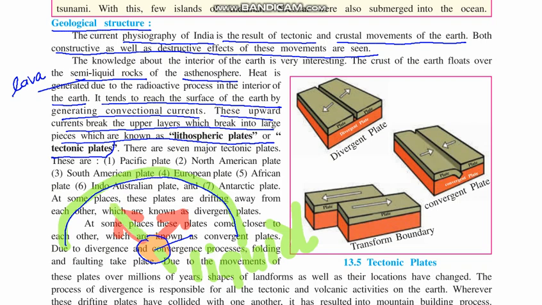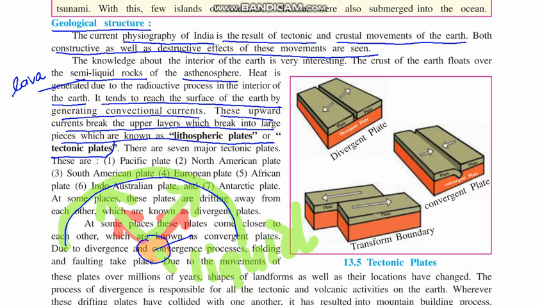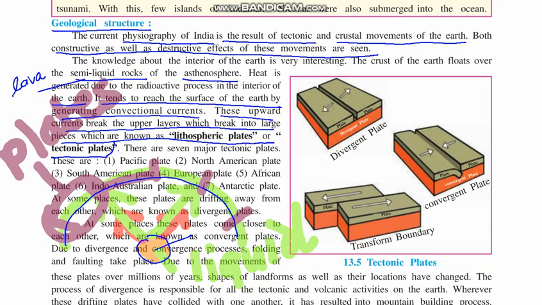This will create more pressure on the surface, and due to that the surface will start breaking up at various places, and these pieces will be known as plates, tectonic plates.